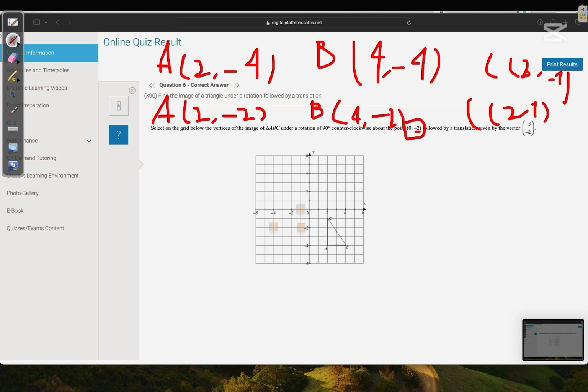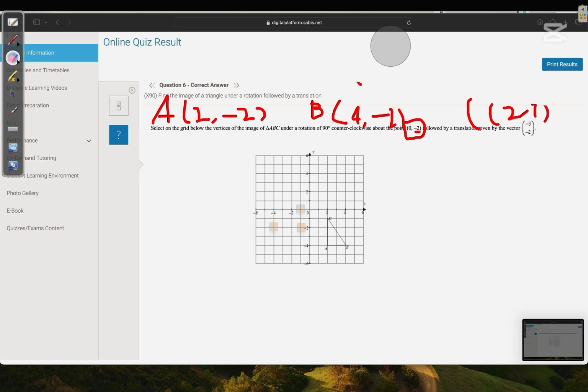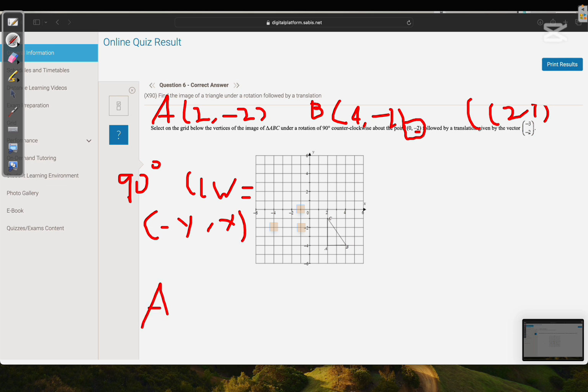Okay, now we know that counterclockwise rotation with the angle of 90 degrees is -y, x. So let me just write it. 90 degrees counterclockwise is equal to -y, x. So A prime would be 2, 2.